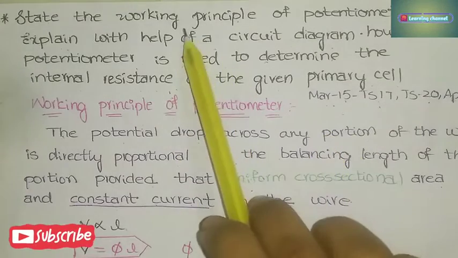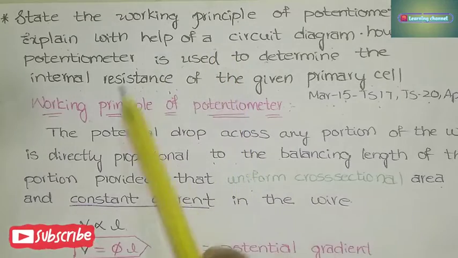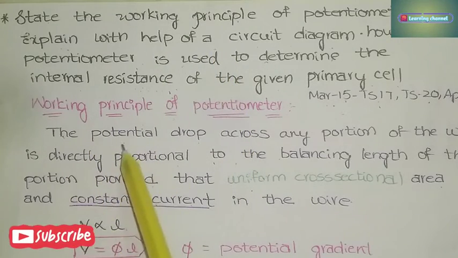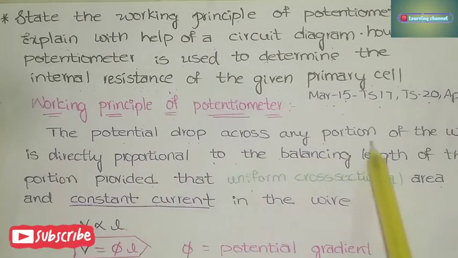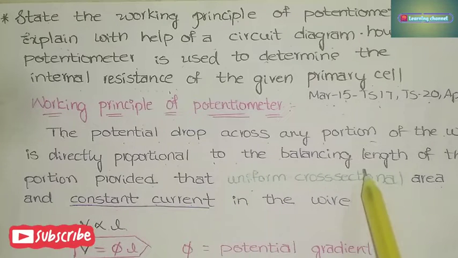They ask us to write, first of all, the working principle. The working principle is: the potential drop across any portion of the wire is directly proportional to the balancing length of the portion. So potential drop, that is voltage, is directly proportional to the length of the wire when the cross-sectional area is uniform.